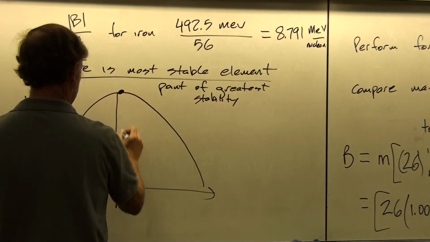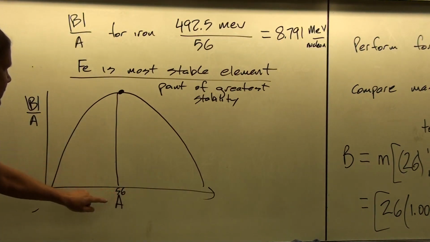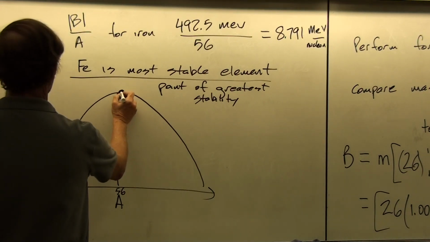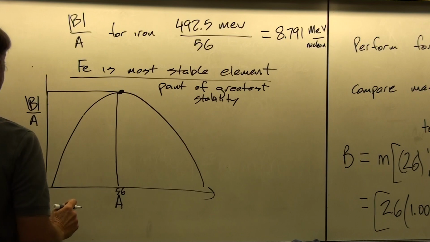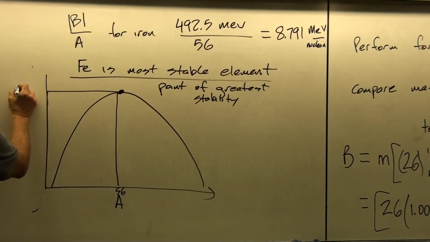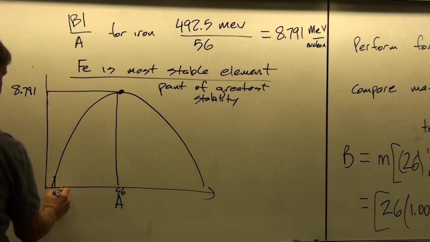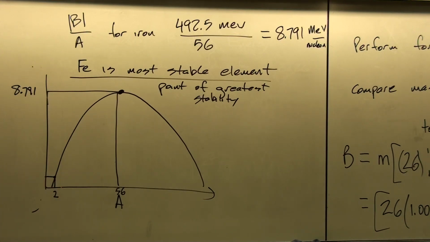Then this number here would be element number 56. Or if we plotted it in terms of Z, this would be element number 26. And this would be our iron value, which is 8.791.